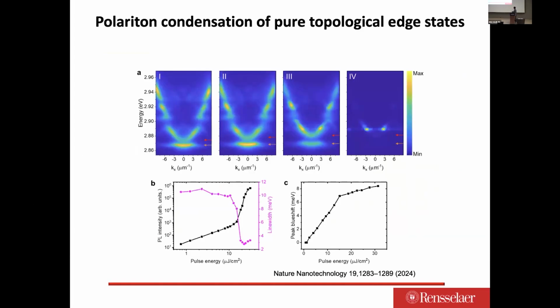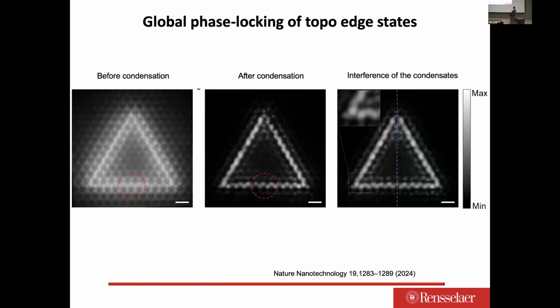So if you pump this topological system into the Polaritron condensate or Polaritron BEC, you will see they nicely form a condensate, and then they show linewidth narrowing and non-linear increase and even blue shift. So that means our topological edge now, even though they are at different locations, because everywhere forms the same condensate, same energy state, they behave like one particle.